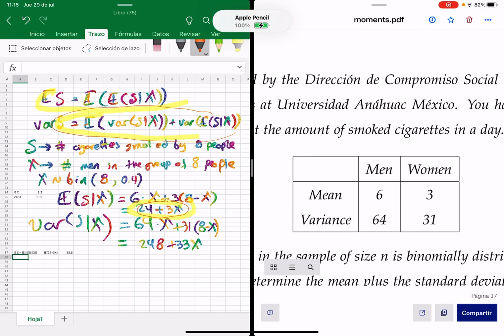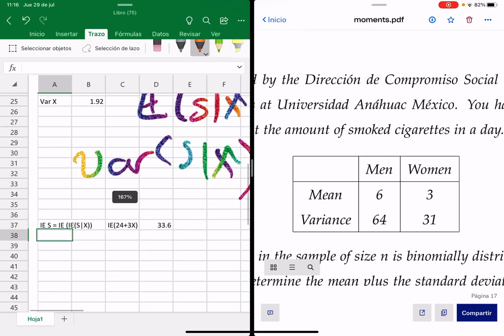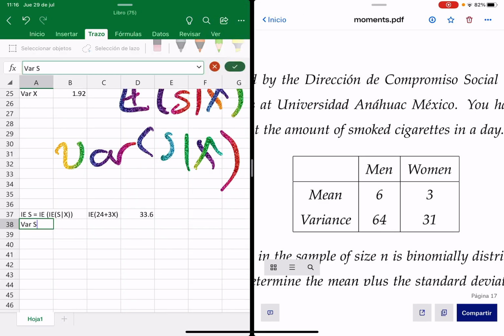Now, for the variance, by means of this formula here, we need to compute the expectation of the conditional variance, and then add to that the variance of the conditional expectation. So let us write that. The variance of S is given by the expectation of 248 plus 33x, and then we have to take the variance of 24 plus 3x, right?